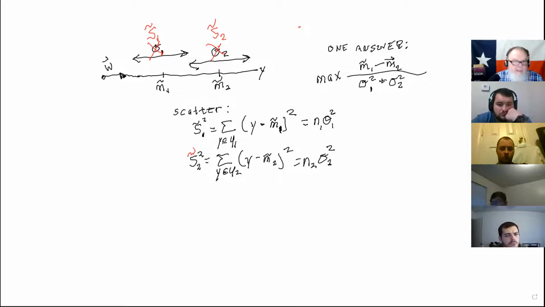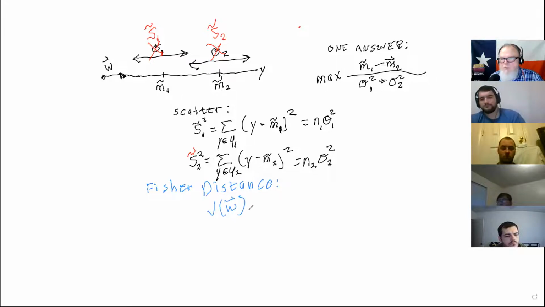So he therefore defined something called the Fisher distance, at least that's what we call it today. The Fisher distance J is a function of W, because it depends on what unit vector we choose to project on.